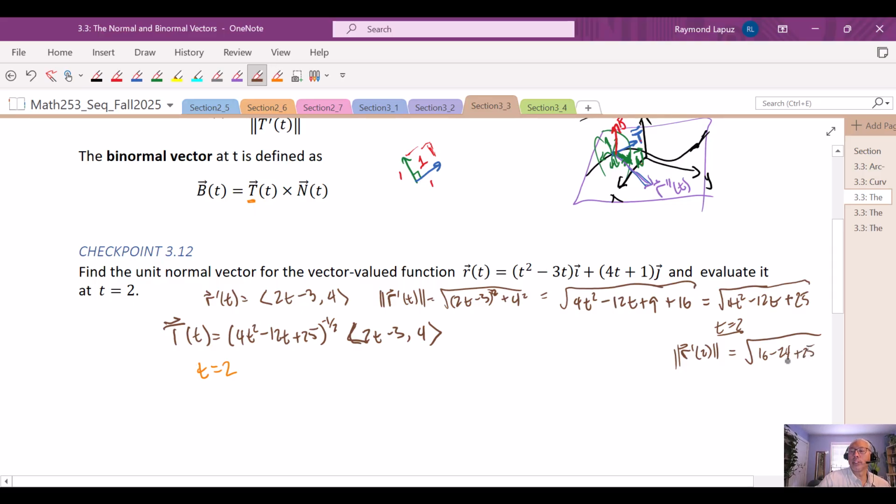So I think this is a positive 17, so this is square root of 17.